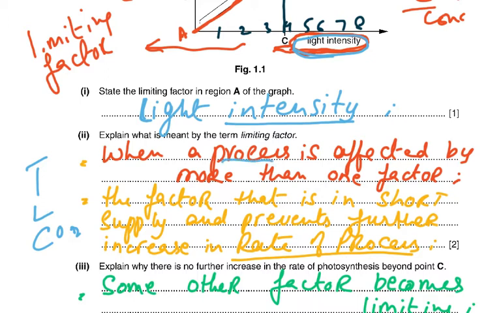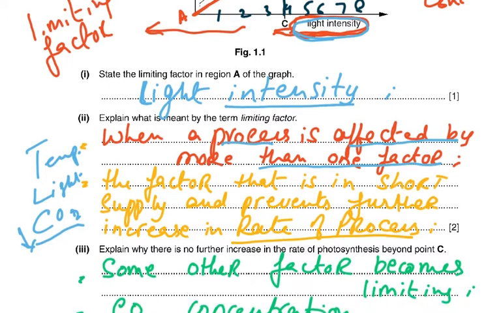So when a process is affected by more than one factor, now if there's less light intensity, then temperature might be fine, carbon dioxide may be fine, but then light is the limiting factor. If temperature and light are enough, but carbon dioxide is in short supply, then we say carbon dioxide is a limiting factor.